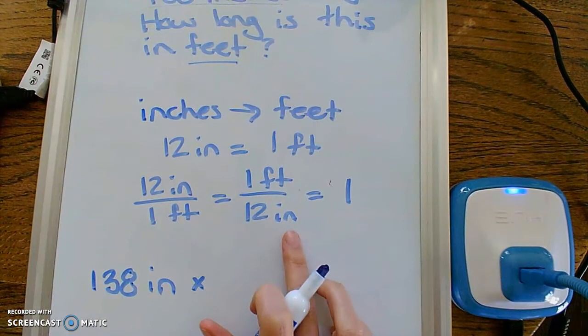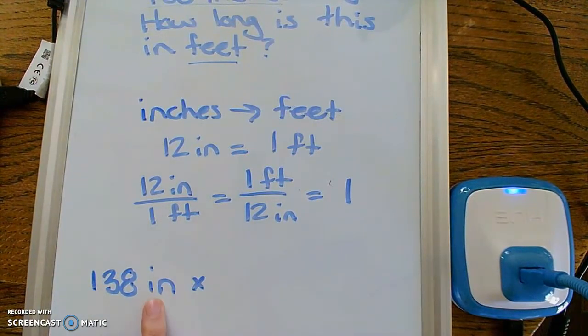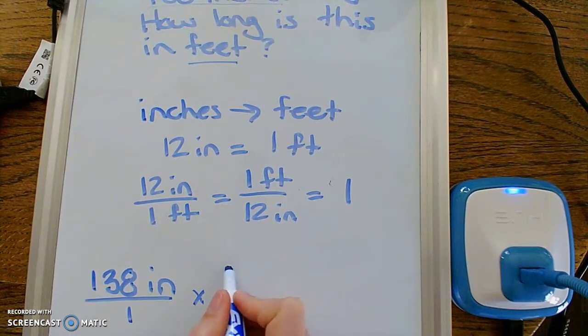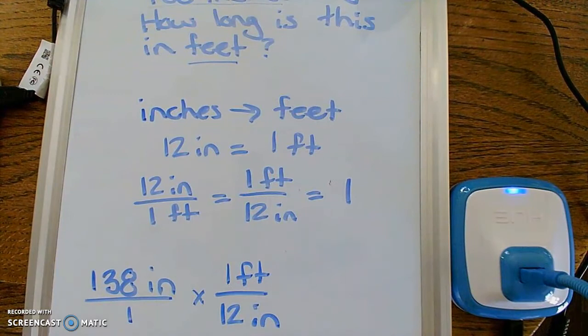This means we want the inches to be on the bottom. Currently, inches are on the top. This would be the same as thinking about 138 inches over 1. If that helps you look at this being on the top, then we can multiply by the conversion factor 1 foot for every 12 inches.